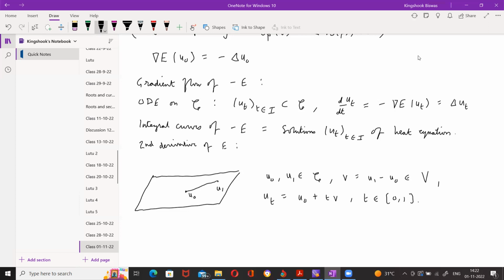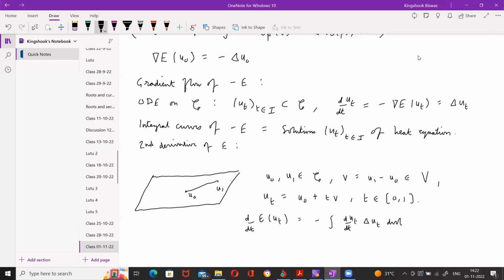So we know what the first derivative of the energy function is. d/dt of the energy of u_t is minus the integral of d/dt of u_t times the Laplacian of u_t.